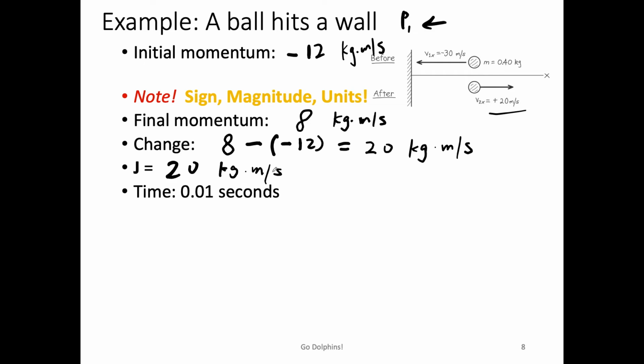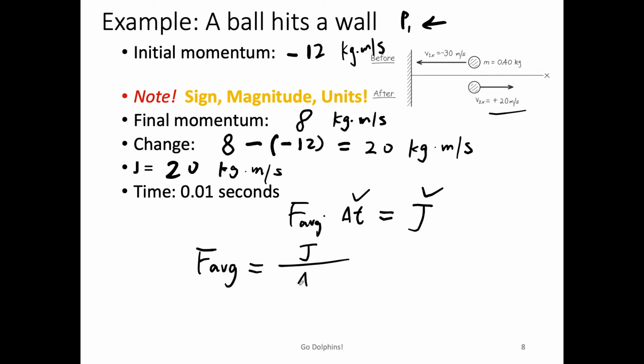Now I do know the time of contact is 0.01 second. So F average times delta t gives you the impulse. I know delta t and I know the impulse, so I can calculate the average force as impulse over delta t, 20 over 0.01 Newton, which gives me a 2000 Newton force.